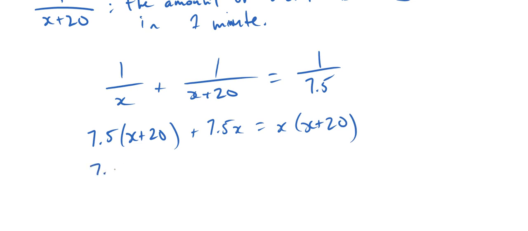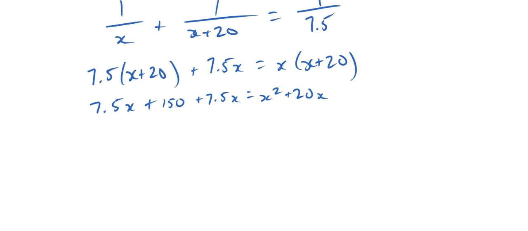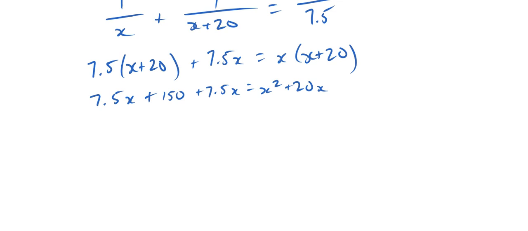So I get 7.5x plus, oh dear, what's 7.5 times 20? 75 times 2, so 150. Plus 7.5x equals x squared plus 20x. So 7.5 and 7.5 is 15.